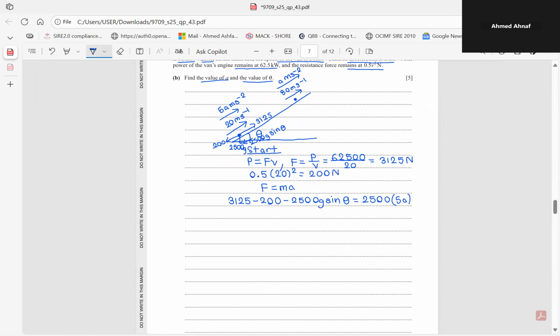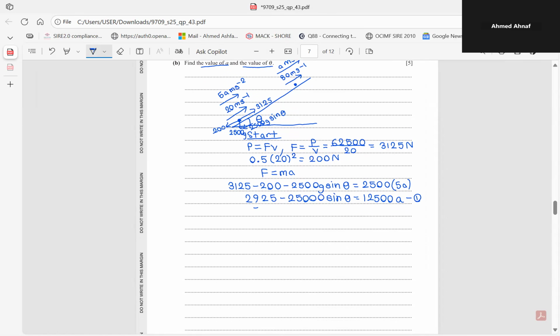So let's simplify this equation further. So that's 2,925 minus 25,000 sine theta. That's equal to 12,500. So this is our first equation.